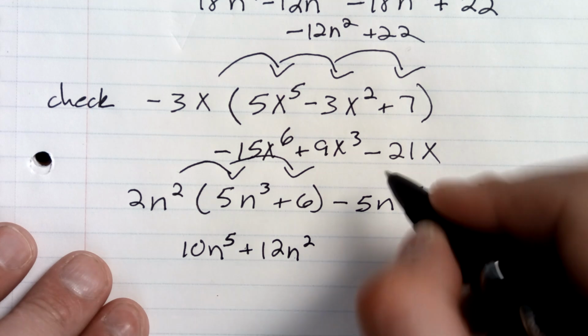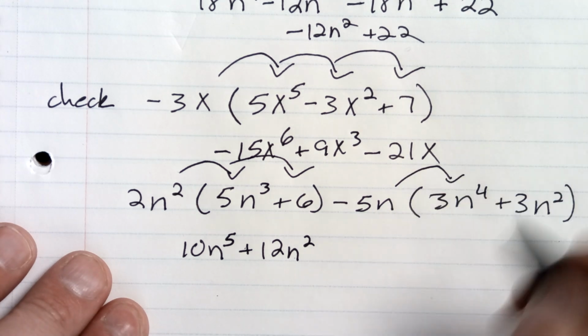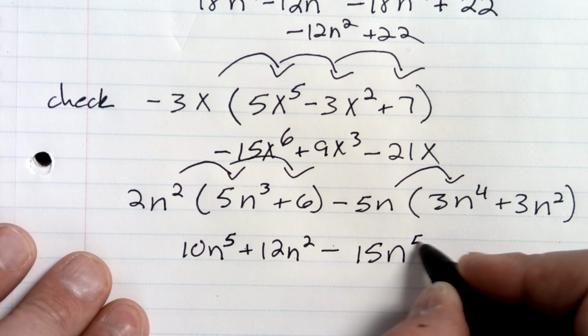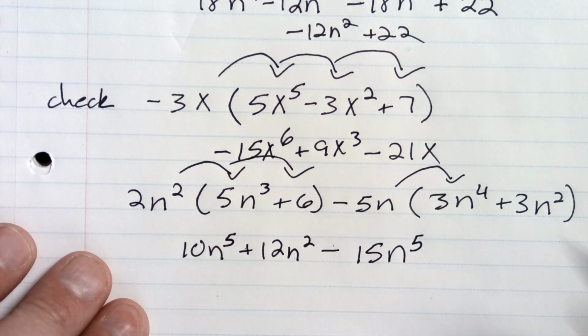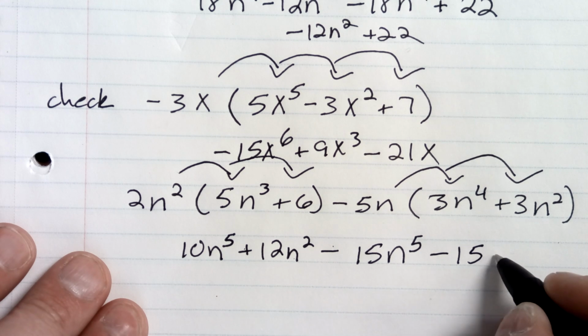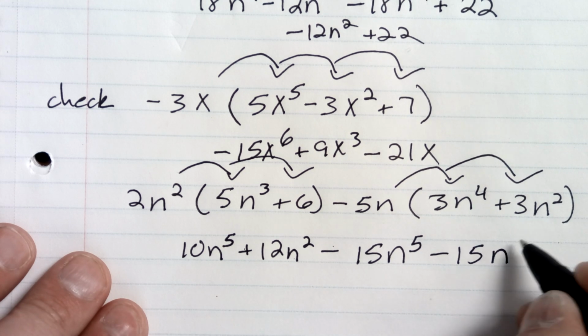Perfect. Negative 5n times 3n to the fourth? Negative 15n to the 5th. Yep.